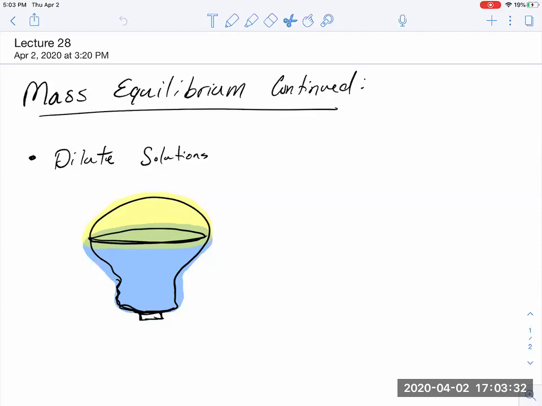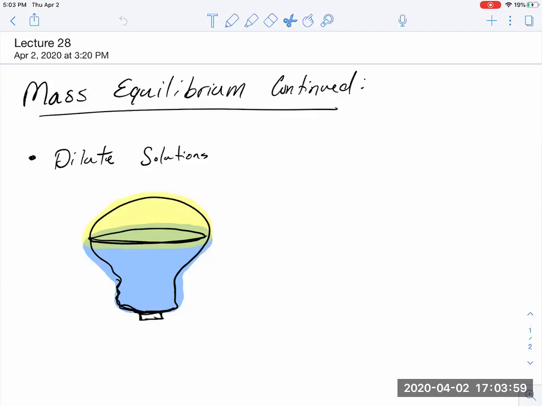And it turns out in a specific case, we'll be able to say quite a lot about such spontaneous changes, both microscopically and their macroscopic consequences. Those cases are pretty ubiquitous throughout actual chemistry. Those are cases where the solutions that we're dealing with are dilute.